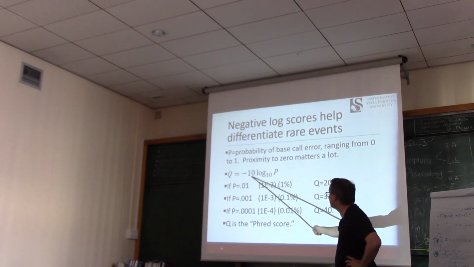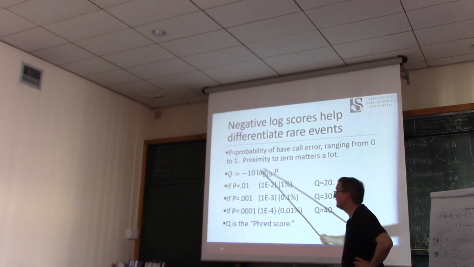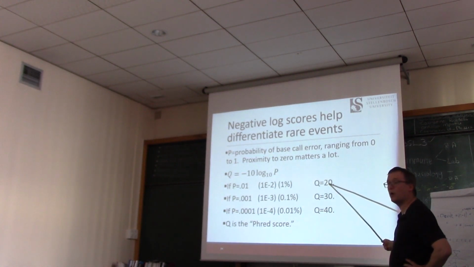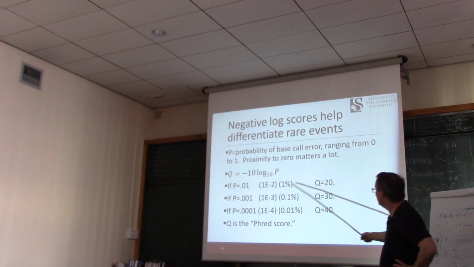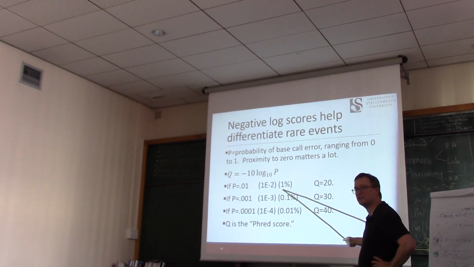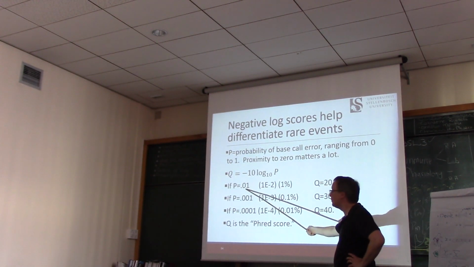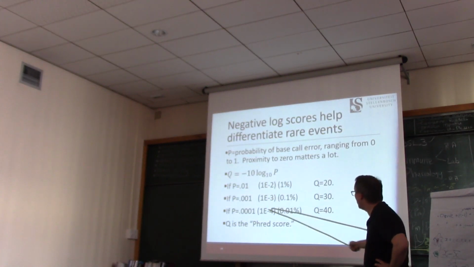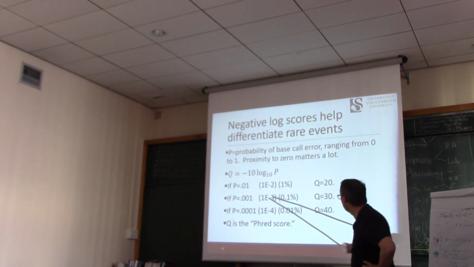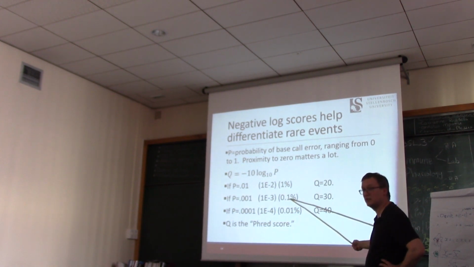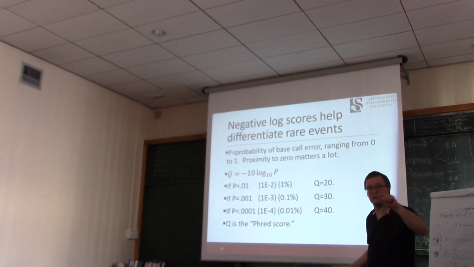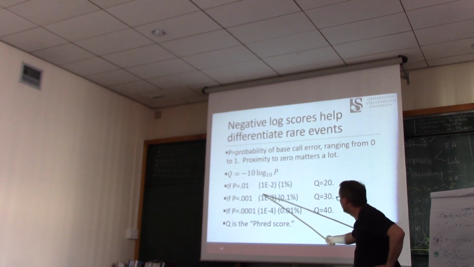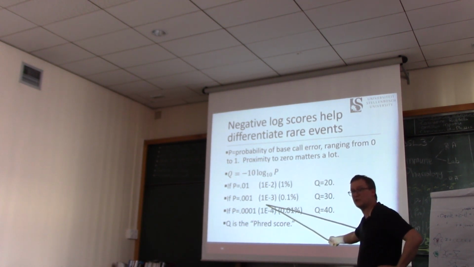Minus 2 times negative 10 is? It's 20. So a quality score of 20 is the same thing as a 1% chance of error, the same thing as 1 in 100 of these being bogus. A 1 in 1,000 chance of error is 0.1%, which is the same thing as 0.001, which is 1e to the minus third.